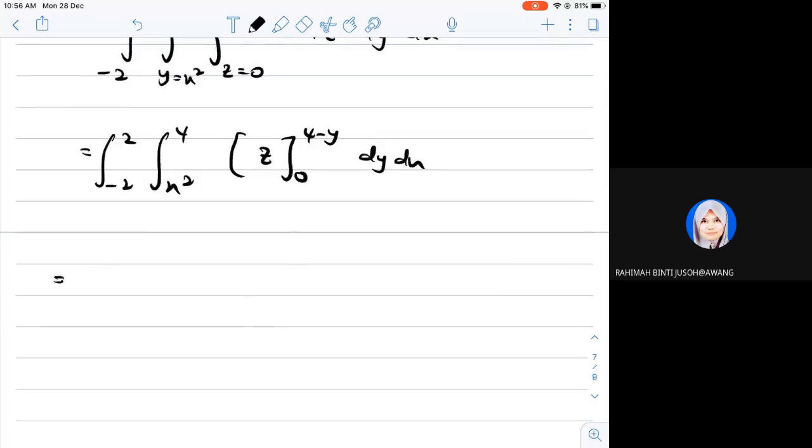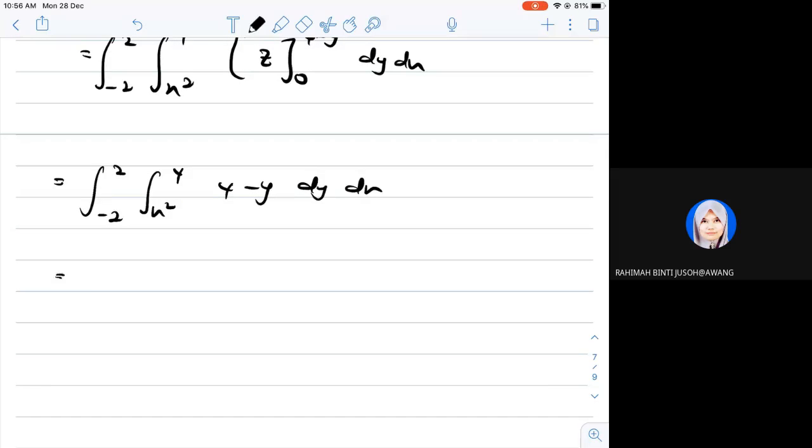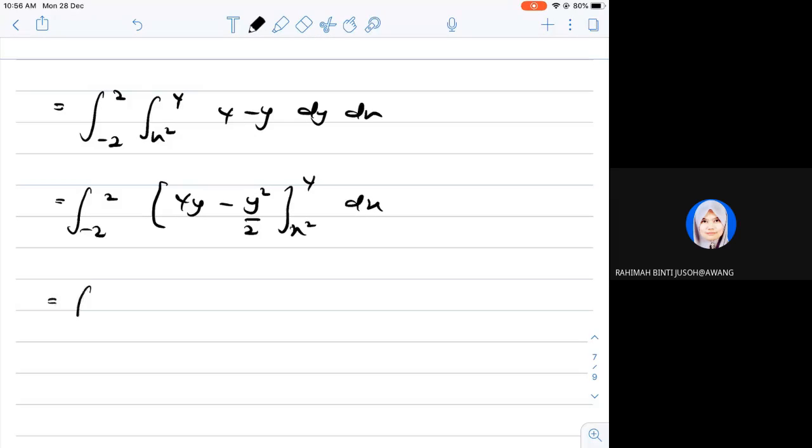So we can proceed with this. Negative 2 until 2, x squared to 4, of 4 minus y, dy, dx. So for y, we get 4y minus y squared over 2. 16 minus 16 divided by 2 is 8.